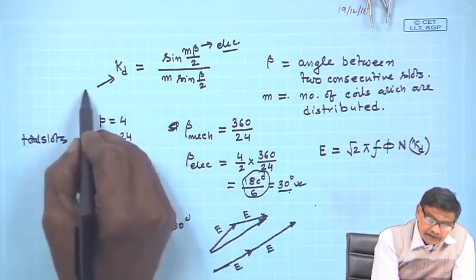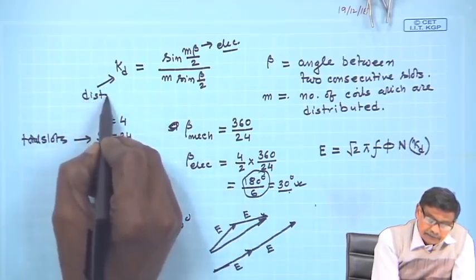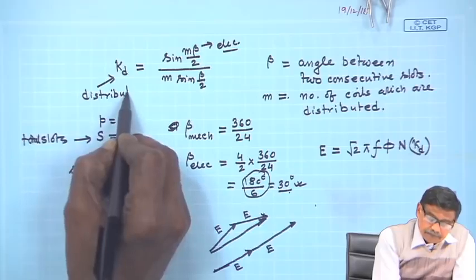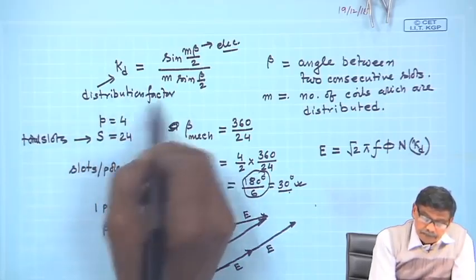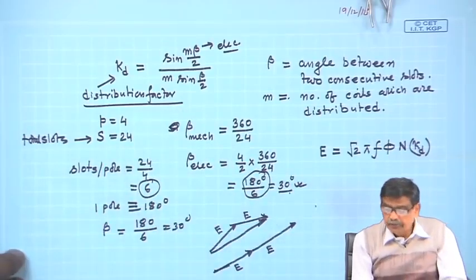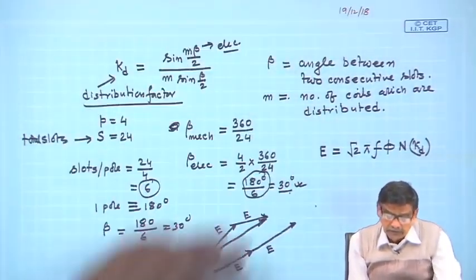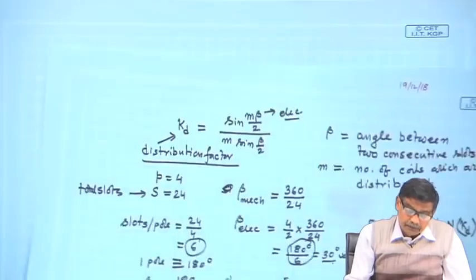K d is distribution factor. And the reason for distributing a coil I told you and asked you to think about it. Okay. Now, there is another factor which is called pitch factor.